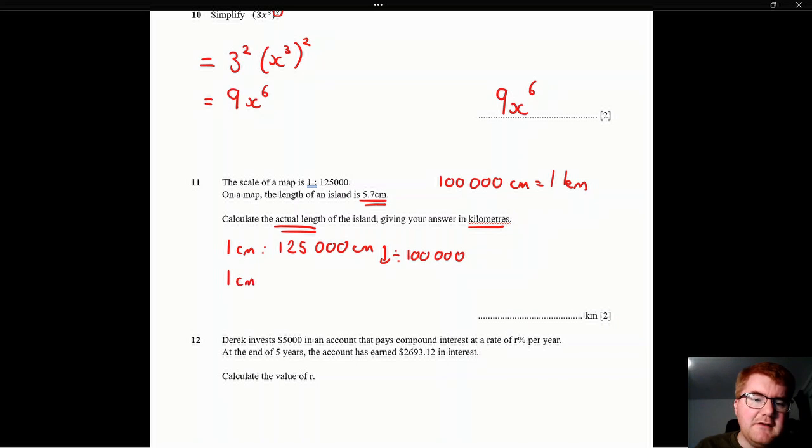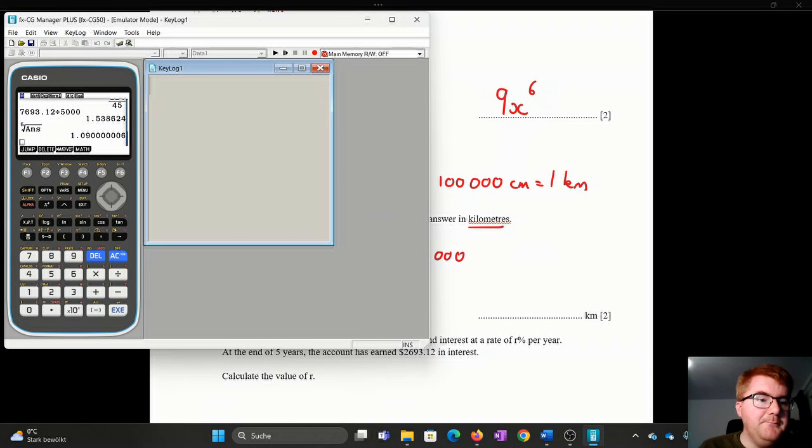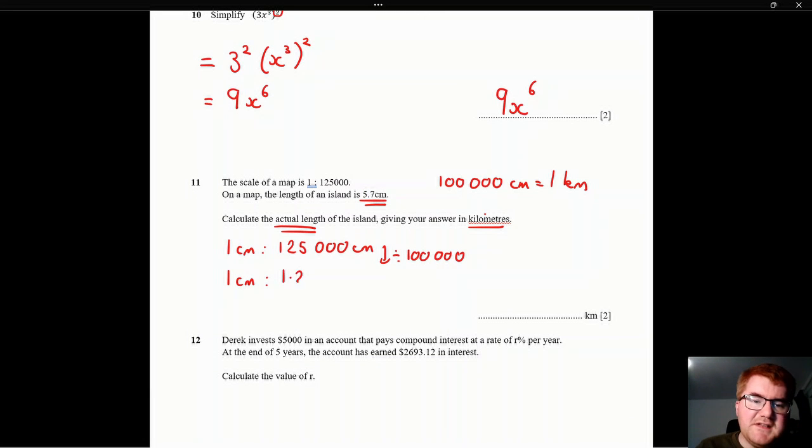So what we're saying here is 1 centimeter on the map is equal to 125,000 divided by 100,000 kilometers. So if we get the trusty calculator out here, just to show you, we take that number and then divide by 100,000. This then gives you 1.25. So all we're saying here is that 1 centimeter on the map is the same as 1.25 kilometers in real life.